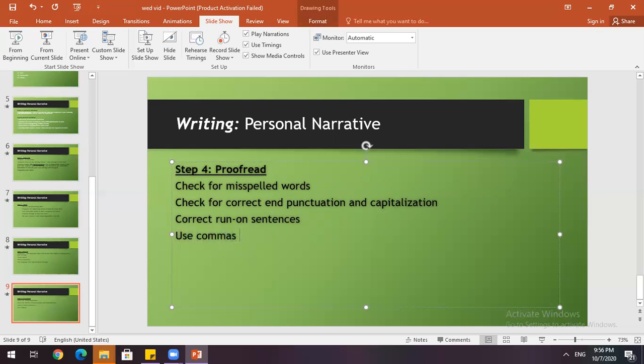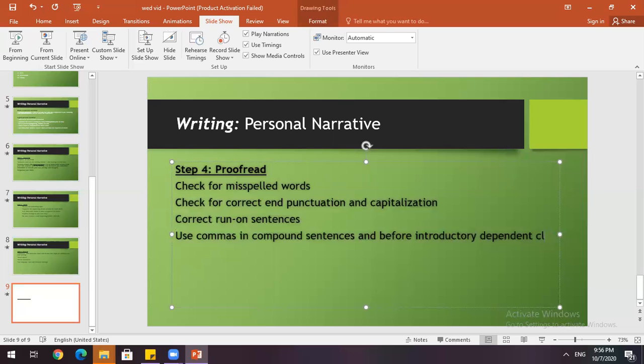It's very important to use commas correctly in compound sentences and before introductory dependent clauses. Just to refresh your memory, guys, what does this mean?